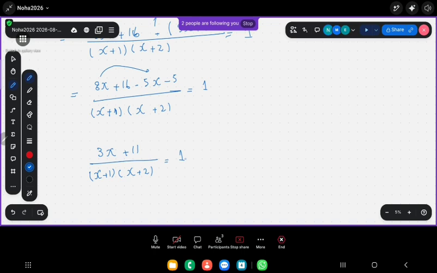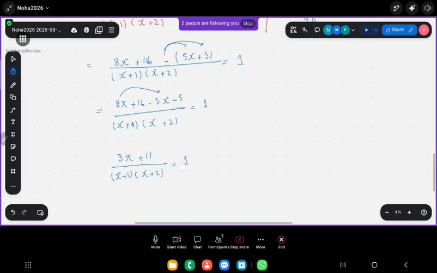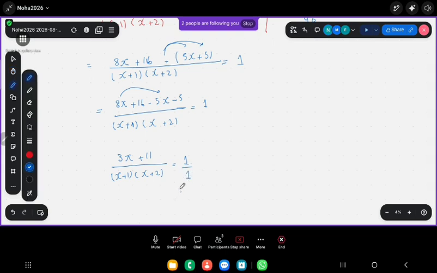Who can tell me? Who can help me? Yeah. I can put that over 1, and then you do cross multiplication. Do you remember? So here you have 3x plus 11, and it equals x plus 1 multiplied by x plus 2.